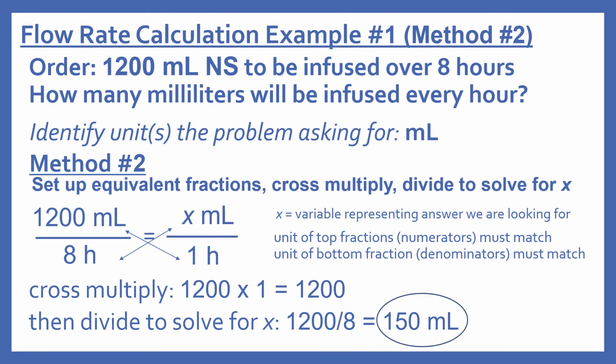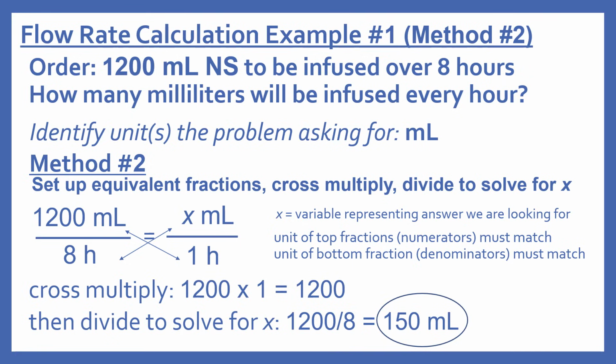And we'll set that equal to x milliliters per 1 hour. And x here is the variable representing the answer we're looking for. The units of the top fractions, those are numerators, have to match, and they do. They're both milliliters. And the units of the bottom fractions, which are denominators, must match, and they do. They're both hours.